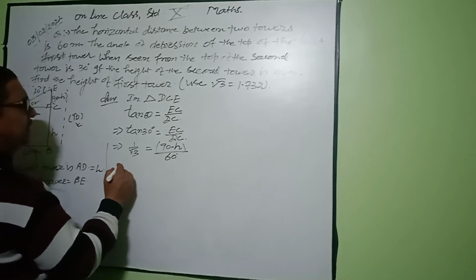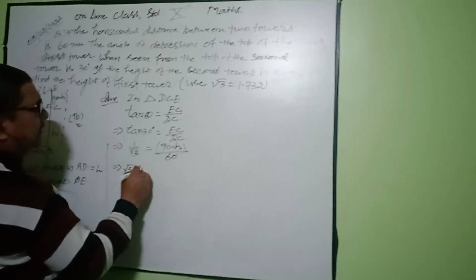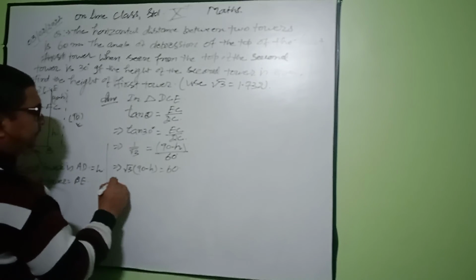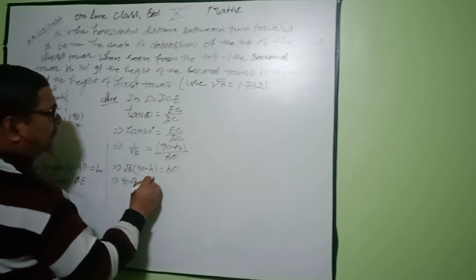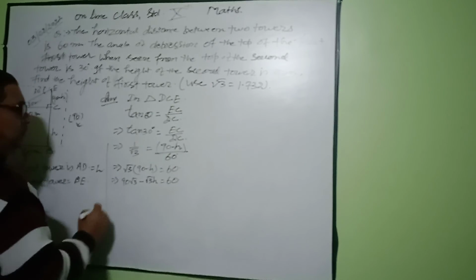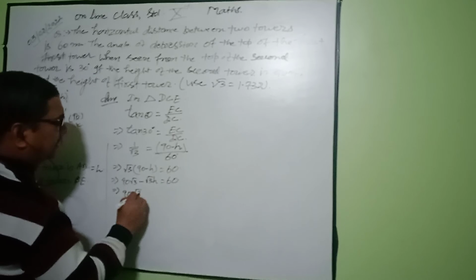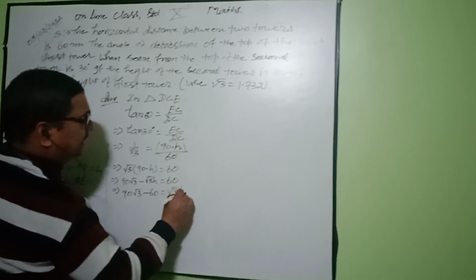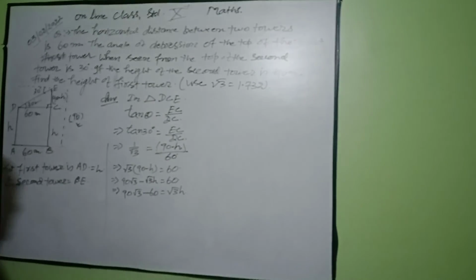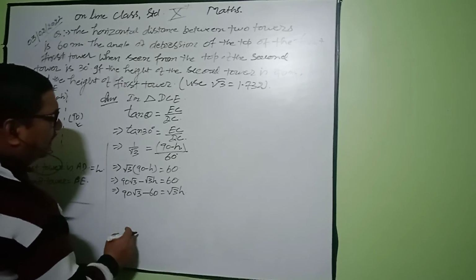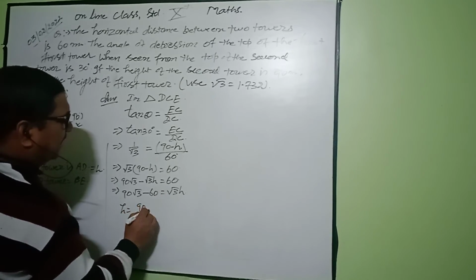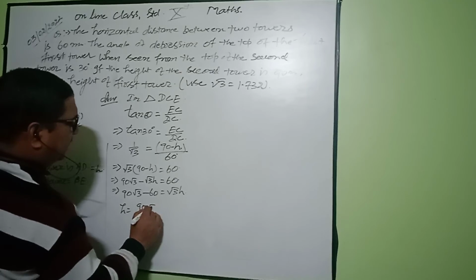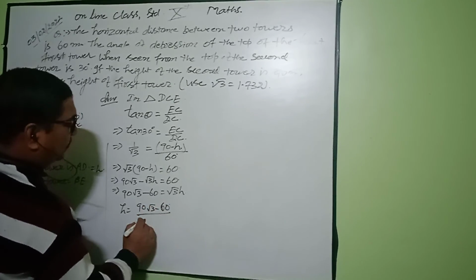Now by cross multiplication, root 3 into 90 minus h equal to 60. 90 root 3 minus root 3 h equal to 60, or 90 root 3 minus 60 equal to root 3 h, or h equal to 90 root 3 minus 60 by root 3.